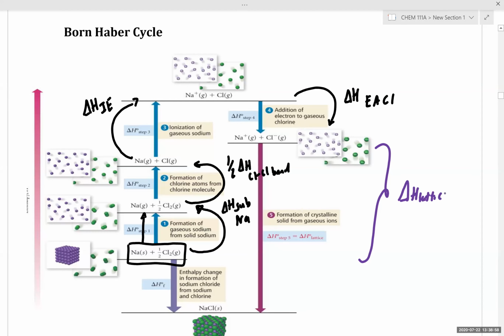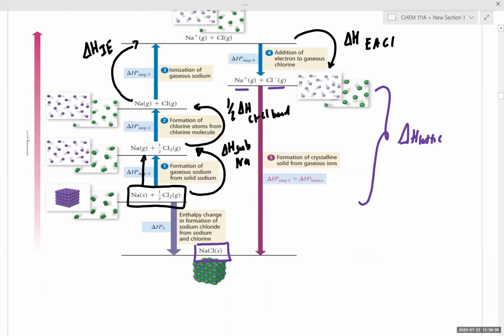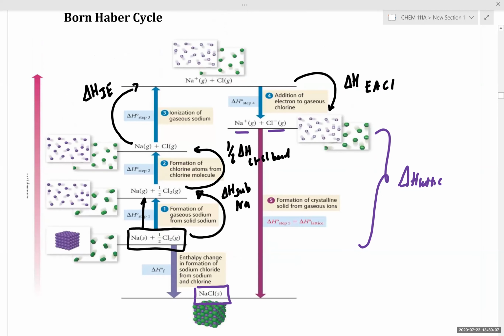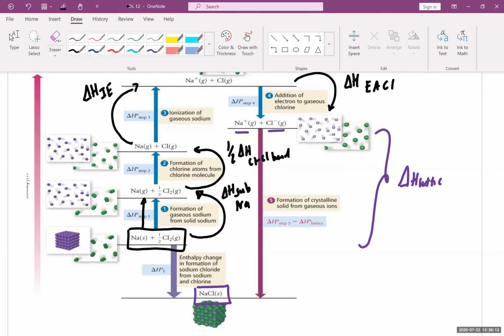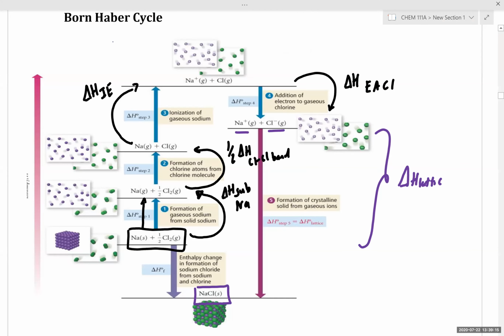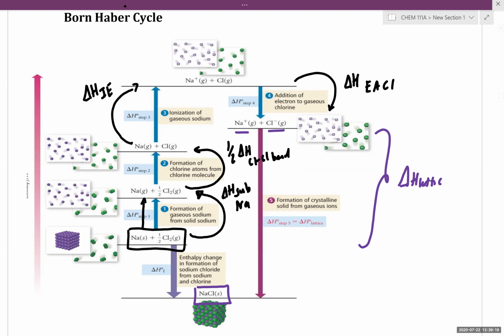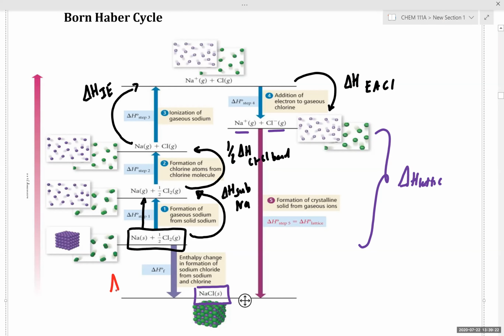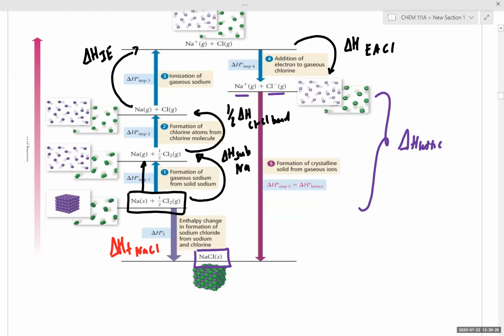This is where we're combining our gaseous ions to generate our ionic compound. And in this net process, we've gone from our reactants to our products, and we can relate the total enthalpy of each of these steps to the final minus the initial enthalpy values. And this is known as the enthalpy of formation for sodium chloride.